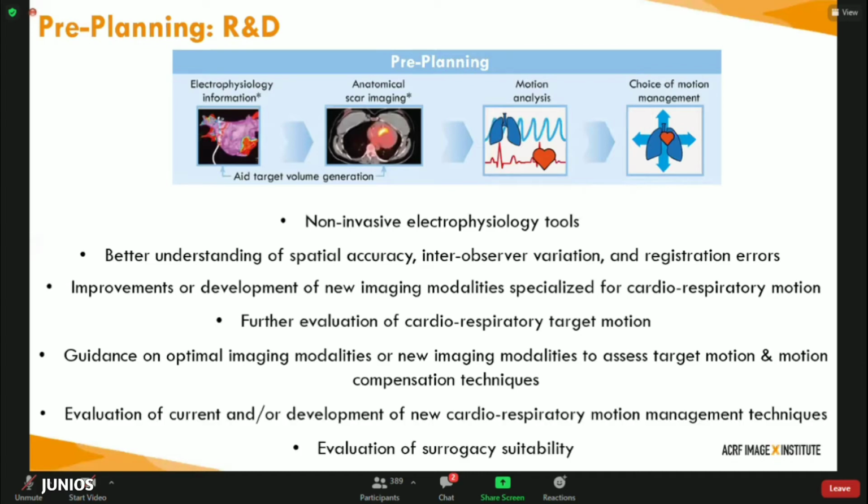Further guidance on optimal motion management techniques, particularly for cardiac-induced motion, is vitally needed, and this may include the development of new techniques specifically tailored for the complex motion of these targets. Further analysis of surrogate suitability is also needed.